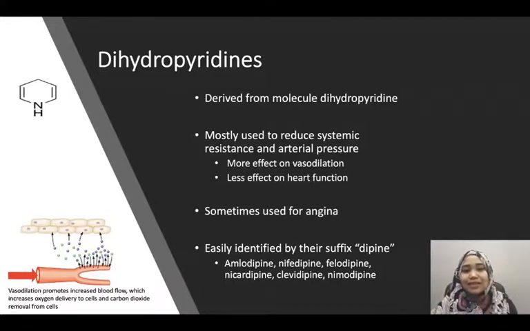And it has less impact on heart function. It is also sometimes used for treatment of angina because of the lower oxygen supply demand, and it can be easily identified with the suffix dipine, including amlodipine, nifedipine, felodipine, nicardipine, and nimodipine.